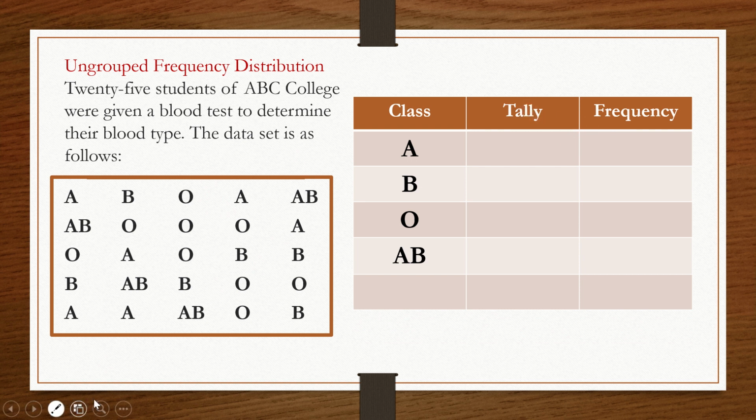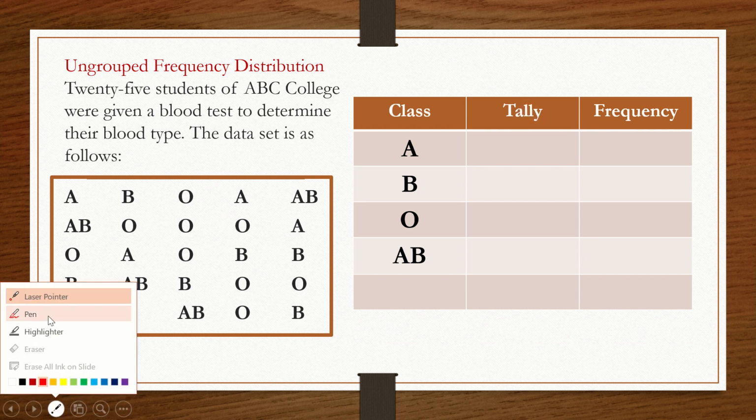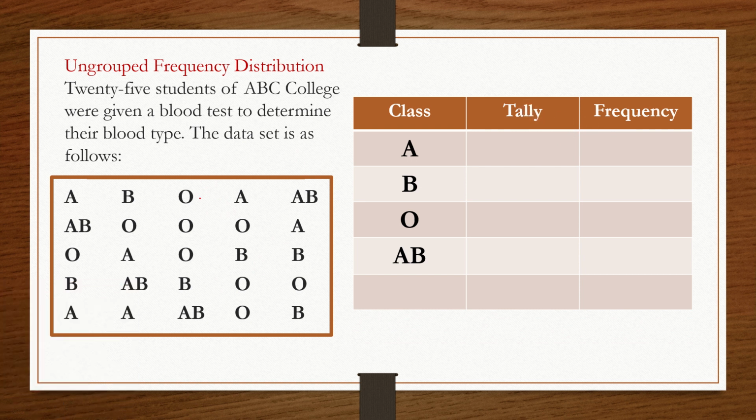Next is magtatali tayo. So, paano ba yung pagtali? So, ganito po. So, record po natin yung mga data points, yung mga nasa first row muna, by row tayo. So, yung mga na-record mo na is lagyan mo ng mark. So, for example, ito po, A, tali sa A. B, saan siya?